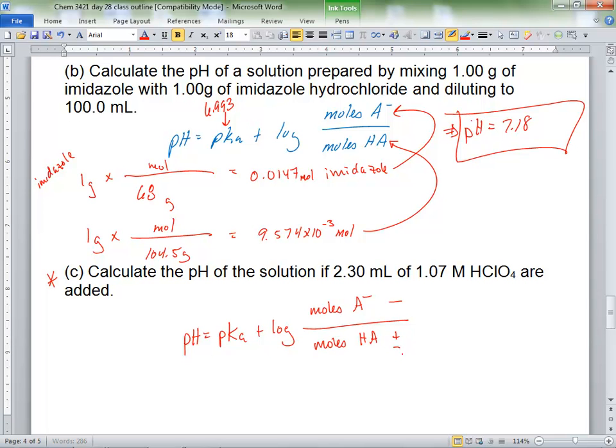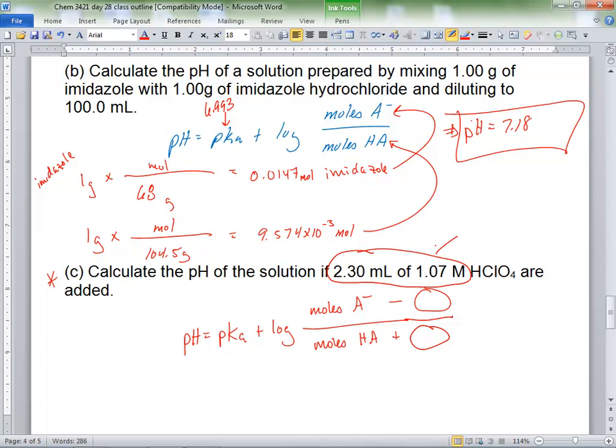Is that number going to be the same? If 1 mole of A minus reacts, I'll form 1 mole of HA. So these numbers have to be the same. What is that number going to be? Maybe I can't do this in my head.